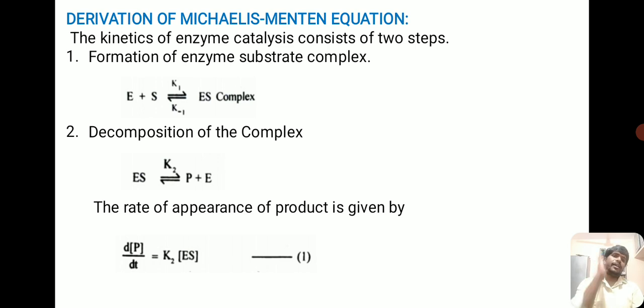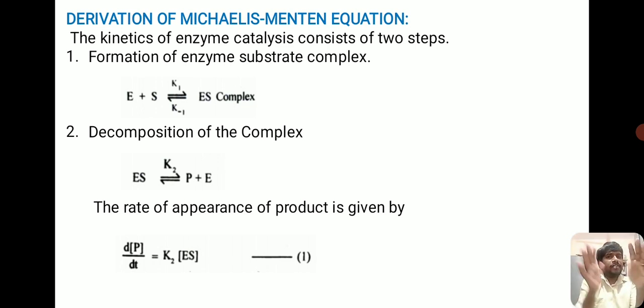Coming to the derivation of this Michaelis-Menten equation. The kinetics of enzyme catalysis consists of two steps. First is the formation of the enzyme substrate complex.